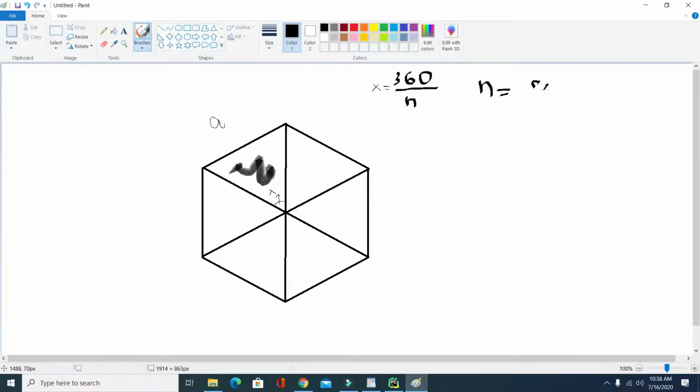So n is the number of sides, right? Number of sides.